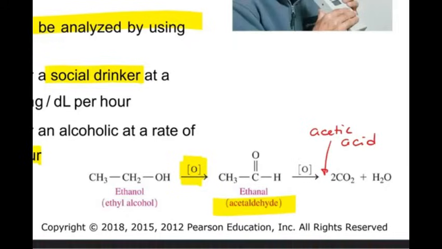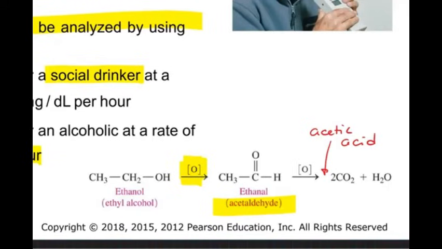So first of all, when you drink a lot of alcohol and it's being processed, you develop temporary acidosis. You produce acetic acid, vinegar. Second, which organ metabolizes ethanol? Come on. Liver. Yeah.